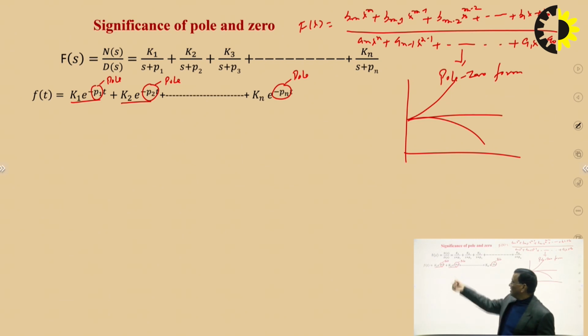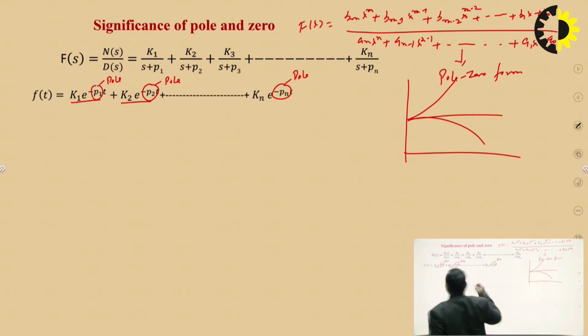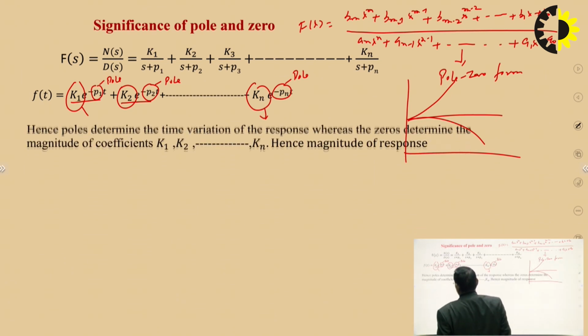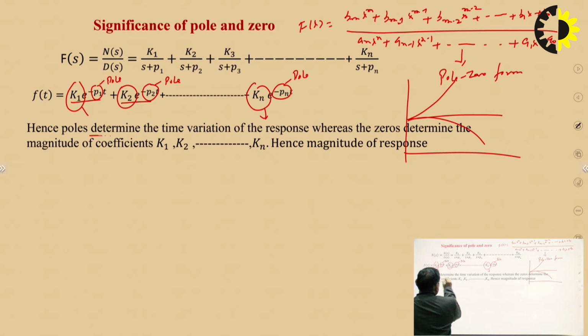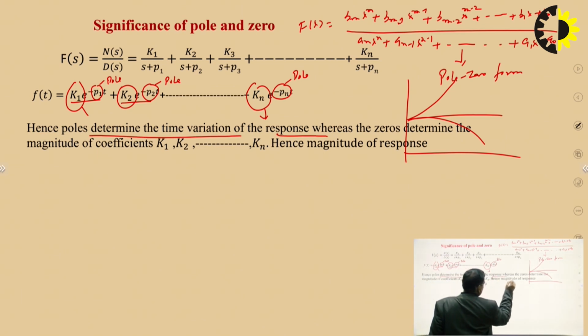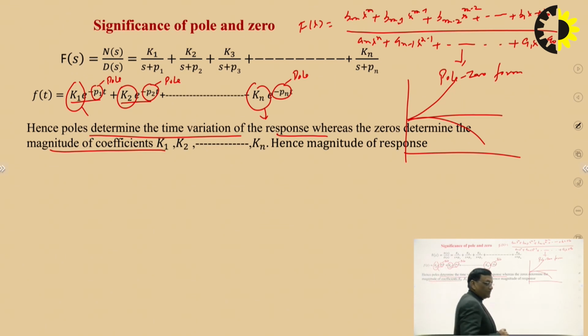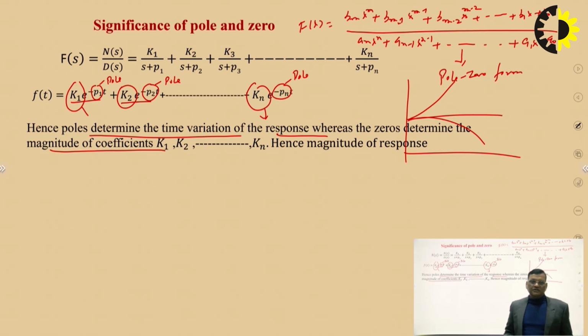And what is the role of the zeros? Zeros decide the magnitude of the response. So hence poles determine the time variation of the response, whereas the zeros determine the magnitude of the coefficients k1, k2, k3. So these are the roles of poles and zeros in a network function.